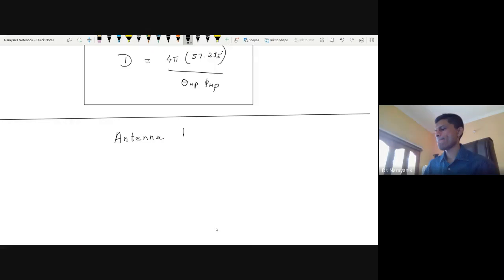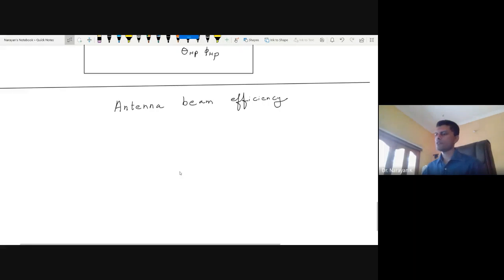Antenna beam efficiency is used to examine the qualities of transmitting and receiving antenna.